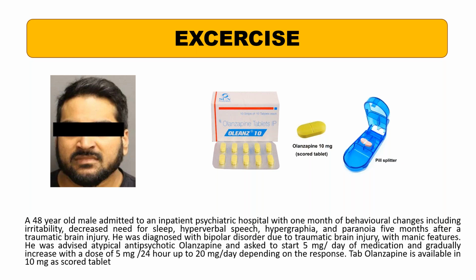This patient has been asked to start 5 milligram per day of medication and gradually increase it by 5 milligram per 24 hours up to 20 milligram per day depending upon the response. And tablet olanzapine is available in the market as a 10 milligram preparation as a scored tablet. So in this particular condition, we can take either a 5 milligram tablet, 10 milligram tablet, or 20 milligram tablet.